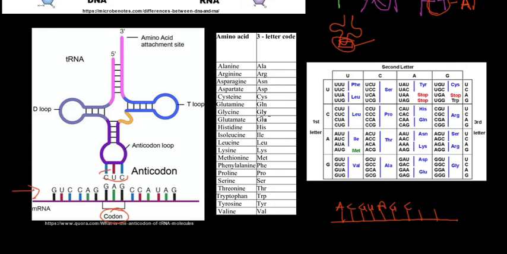So on the one end, you've got the anticodon, but then attached to the transfer RNA is an amino acid. So there are 20 amino acids known. And there's a table with them over here, alanine, arginine, and all of these listed up until valine.